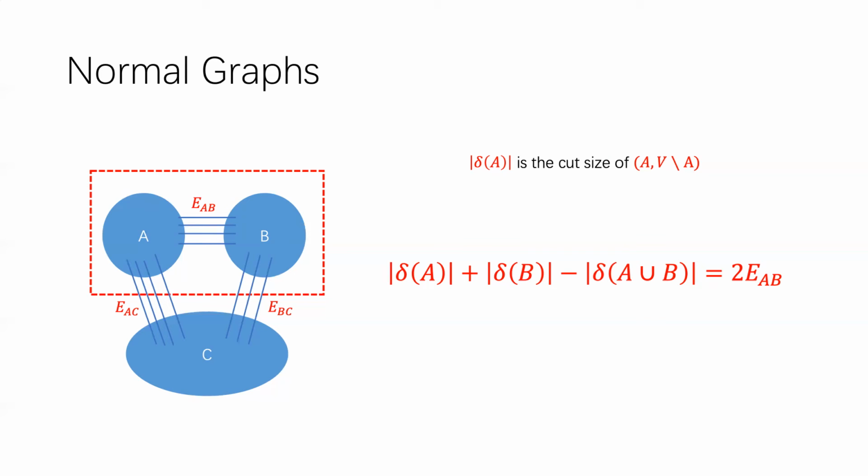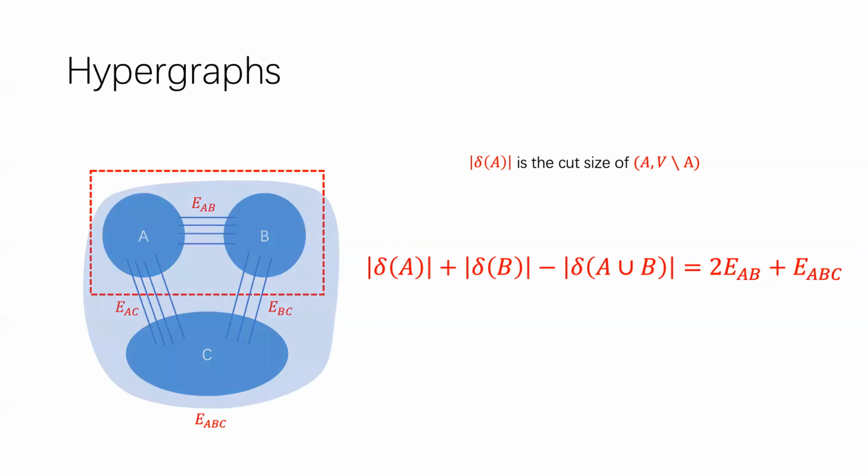So suppose the induced graph is defined on vertex set A union B, and we want to know the cut size between A and B, which is exactly the size of EAB. The answer is half of the cut size of A and V minus A plus the cut size of B and V minus B minus the cut size of C and V minus C.